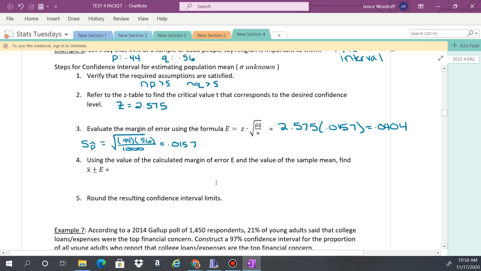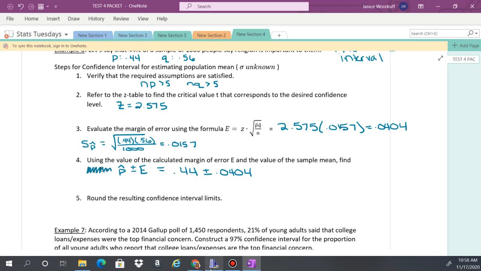So using the value of the calculated margin of error, find, and that shouldn't be an X bar, that should be a P hat. You can change that there. P hat plus or minus E, which is 0.44 plus or minus our E, 0.0404.